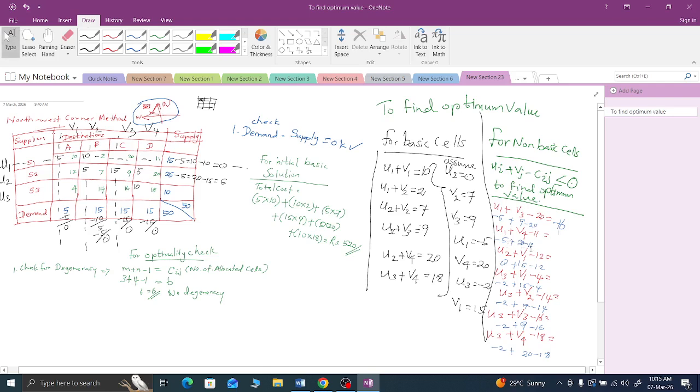So here you can see, u1 is minus 5, v4 is 20, this is 11. So here 9 minus 5, here positive 4. Here 15 minus 2, there is a positive value 3.